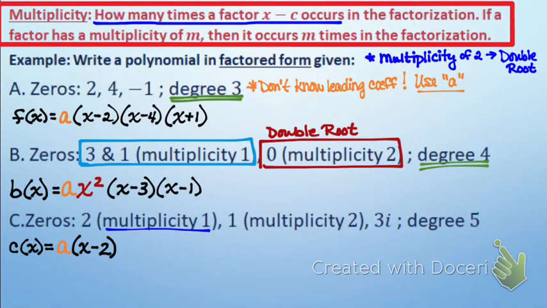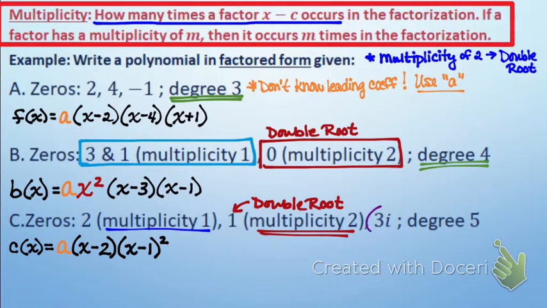What would another factor be? X minus 1 squared, because here it tells me that it has a multiplicity of 2. So this is a double root. Then it says 3i is a 0 here.